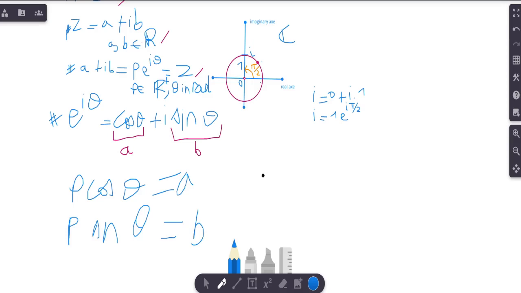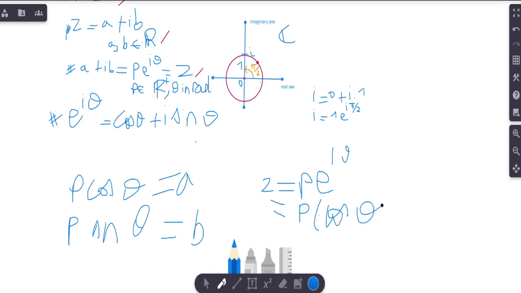Because when we write, so let me erase this. When we have z equals rho e to the i theta, which is equal to rho times cos theta plus i sin theta, we can distribute the rho.